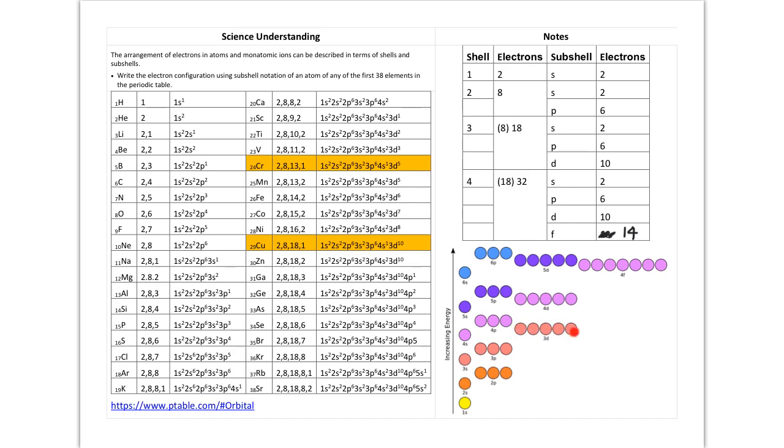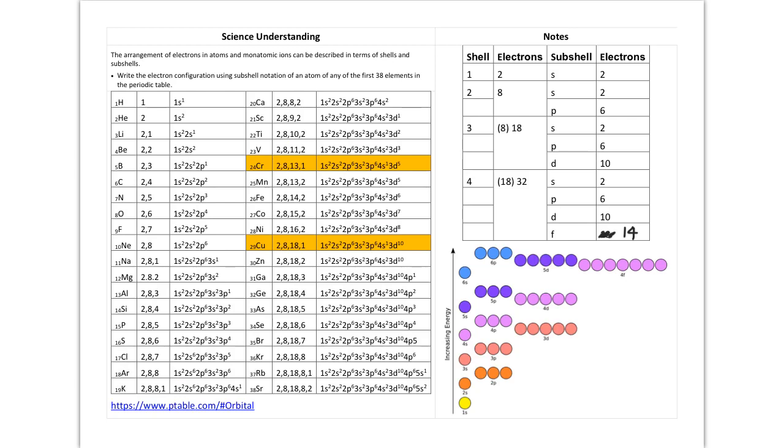Then the rest of the third shell fills up. That's the 3D subshell up here, 3D. So there's 5 dots because that can hold 10 electrons. Then the 4P, and then up to the 5S. And that's as far as we need to go, both this year and next year. So that, if you like, is showing the order that those subshells fill up.